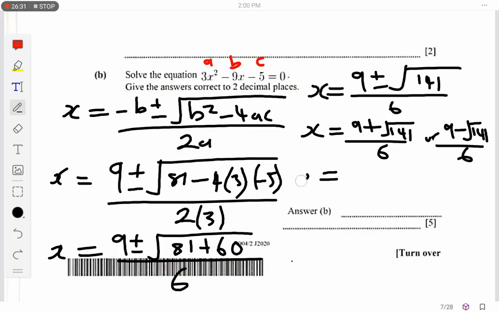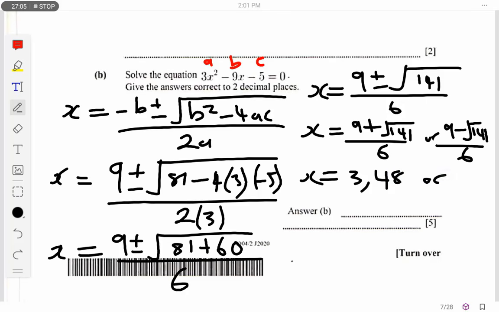So you get your x value as, for the first one, let me just confirm. Square root of 141, that's 11.8, plus 9, that's 20.8, divided by 6, I'm getting 3.48 there.